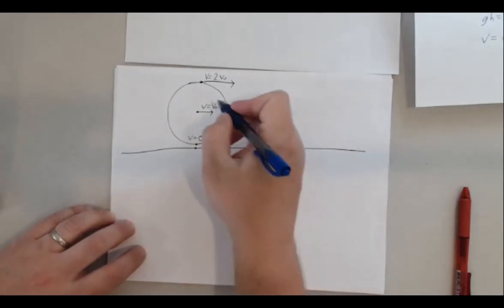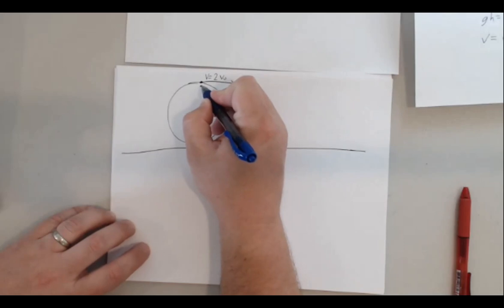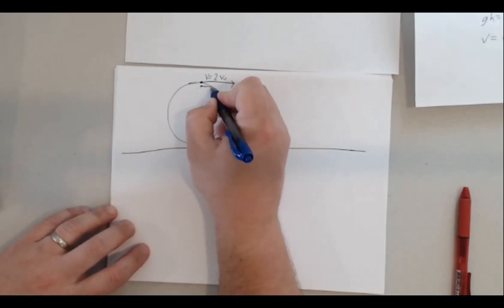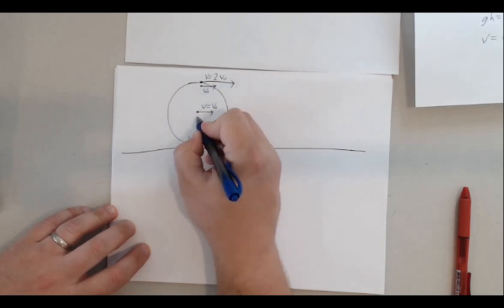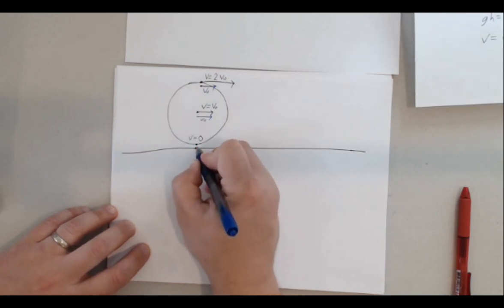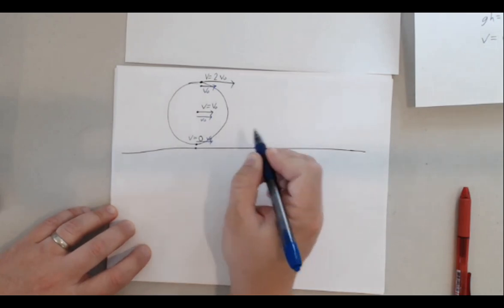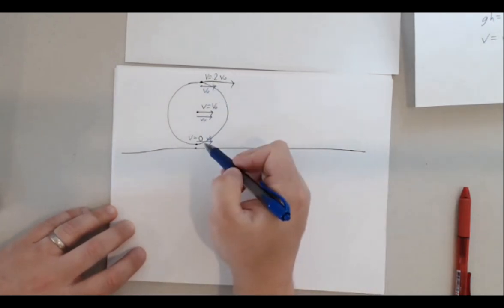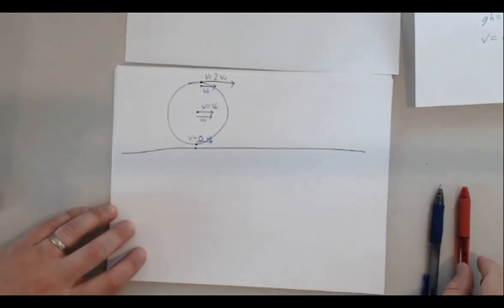What's going on here is that we have two types of motion overlaid on top of each other. The whole wheel is translating at speed V naught. The bottom, top, middle, the whole thing is moving at that speed.